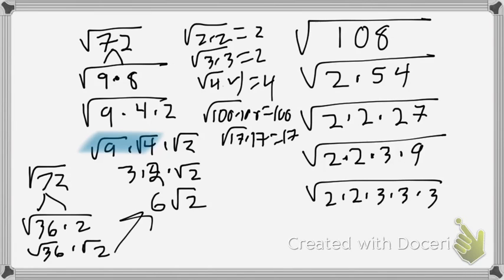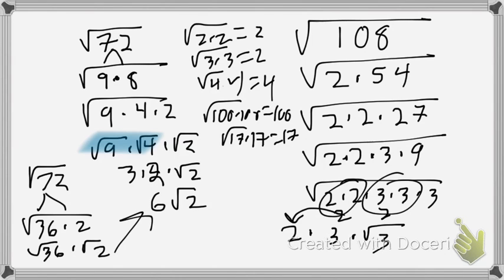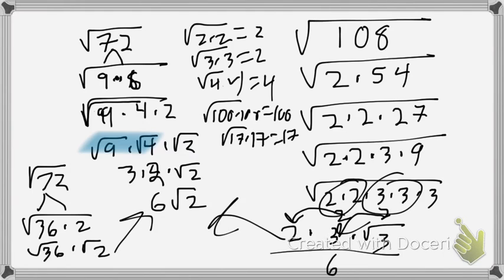So if we have 2 of the same number under the radical sign, we can actually move 1 out. So we have 2 2s, 2 3s. So we can take 1 2 out and 1 3 out and get 6 radical 3.